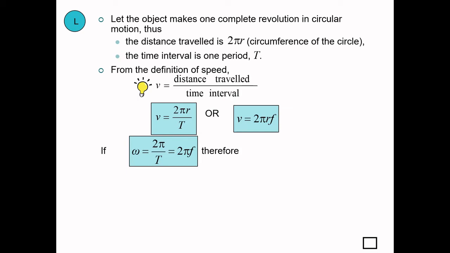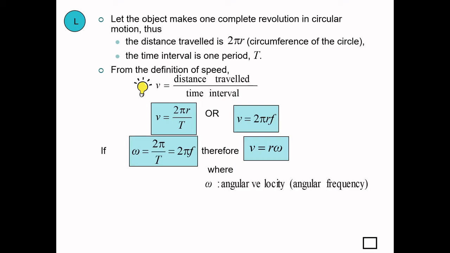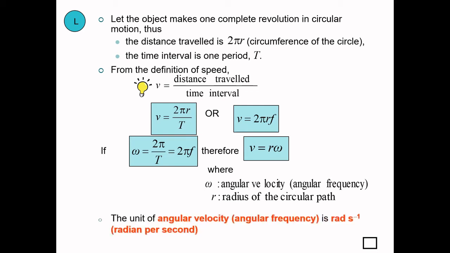If angular velocity omega equals 2 pi over period equals 2 pi f, therefore speed equals r omega, where omega is angular velocity or angular frequency and r is the radius of the circular path. The unit of angular velocity is radian per second.